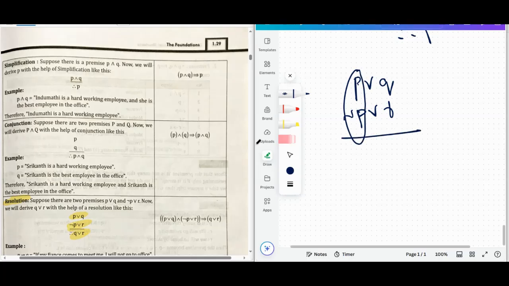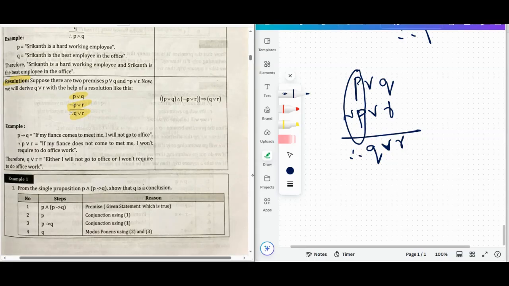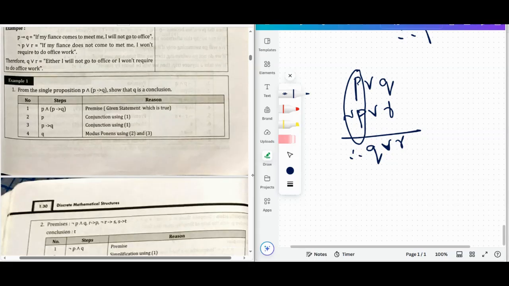We can neglect that and write Q or R. That is resolution law. Okay. These are the important laws which we'll be using when we solve the problem.